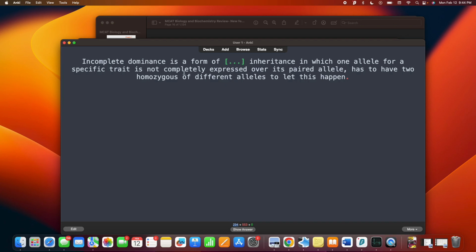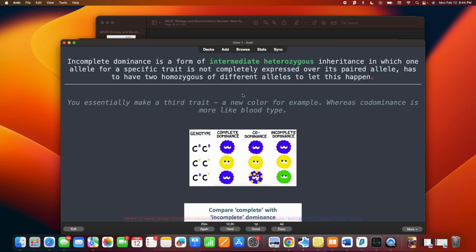Incomplete dominance is a form of inheritance in which one allele for a specific trait is not completely expressed over its paired allele. So incomplete is the green, right? It takes two homozygous parents with different alleles, and it is a form of intermediate heterozygous inheritance.